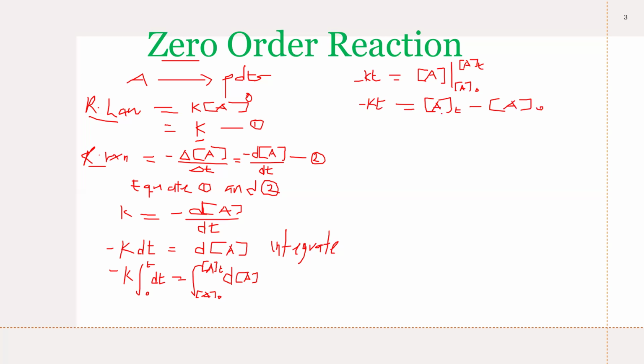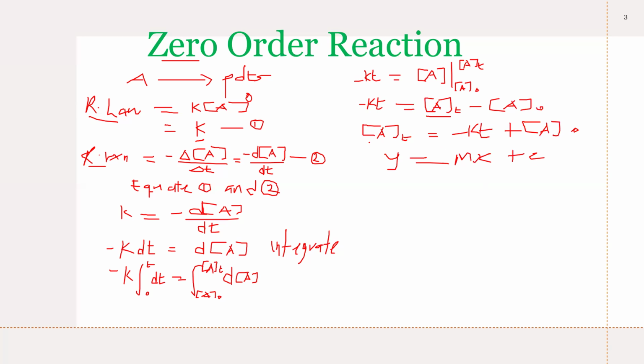Now we make the concentration of A at time t the subject. So we have A at time t equals negative kt plus A naught. Now we compare this equation to the equation of a line, y equals mx plus c. If we plot y against x, our slope is m and our intercept is c.